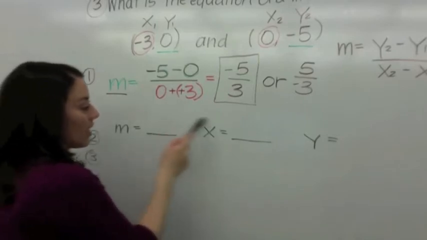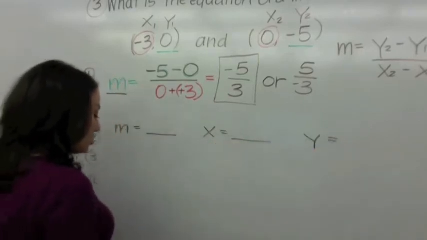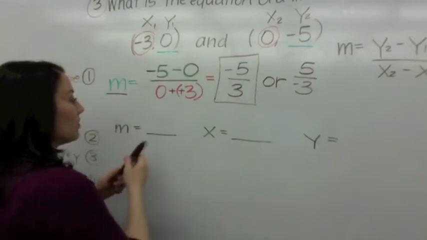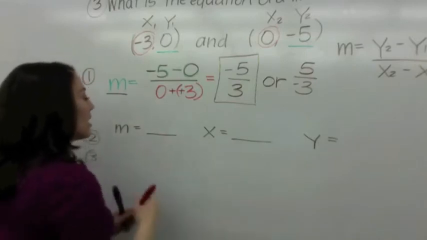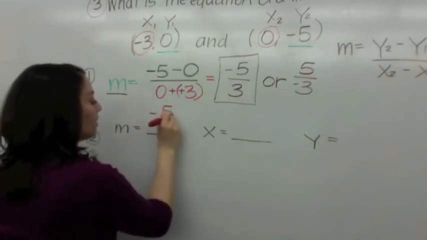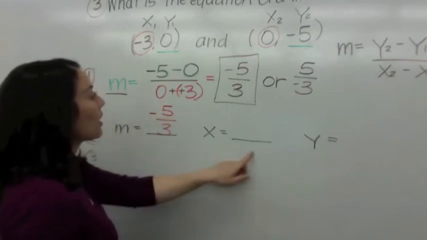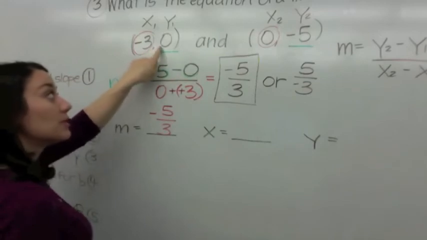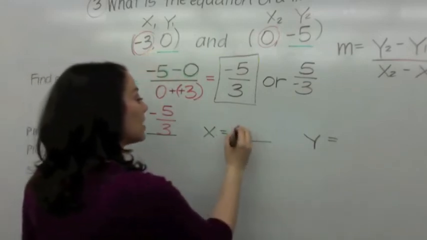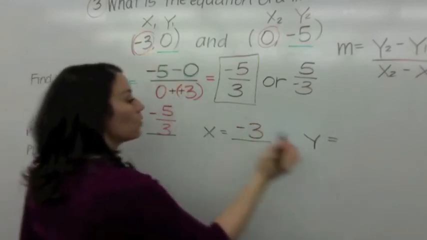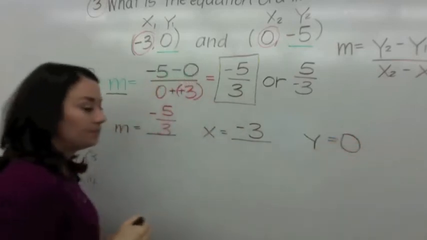Now let's identify m, x, and y because we're writing the equation of a line. So m is going to be, we just found it. It's -5 over 3. So write that where the m is. Okay. The first coordinate point is right here, -3, 0. So what is x? X is -3. What is y? Y is 0. Okay, great.